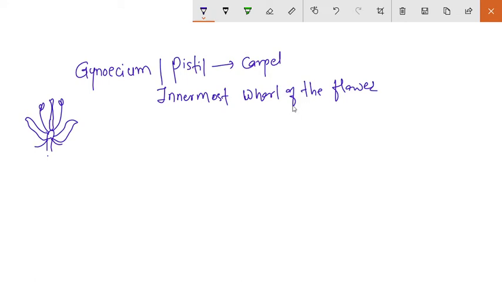It is also known as the pistil. It is made up of one or more carpels.